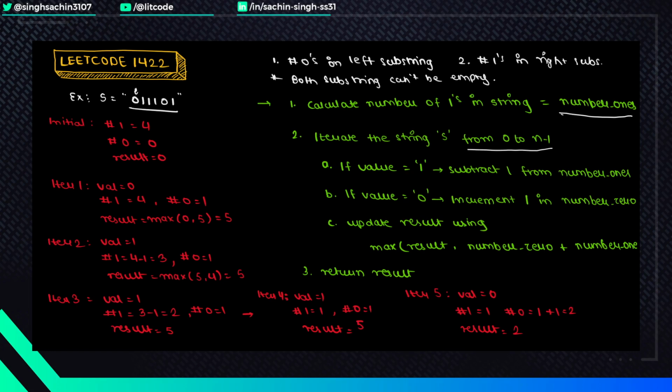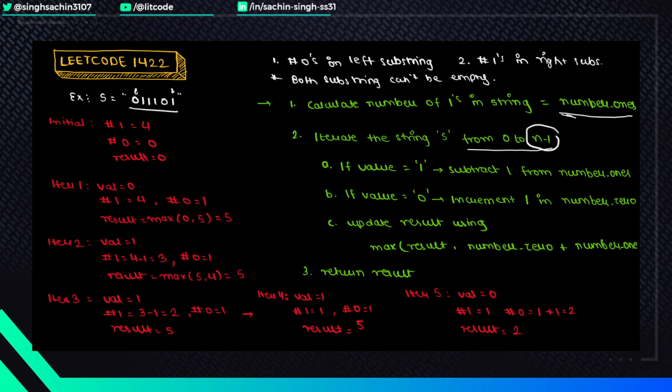Okay, this will be my first step. As soon as I'm done with that, I'll start iterating the string from 0 to n minus 1. Why? Because our right substring cannot be empty. If we traverse the complete string, our right substring will get empty. So we are traversing from 0 to n minus 1.